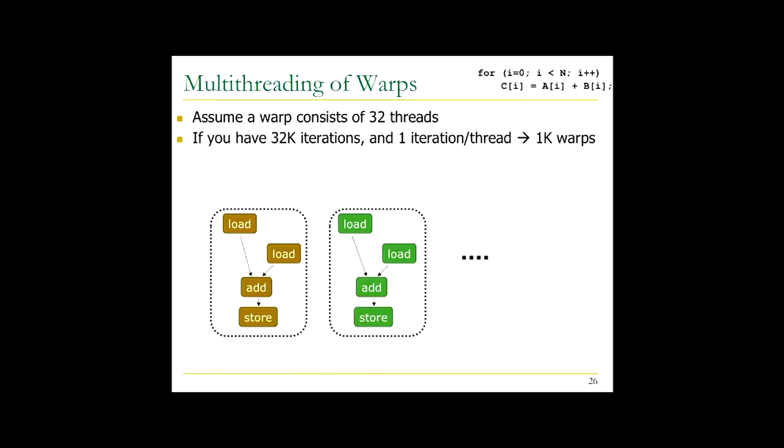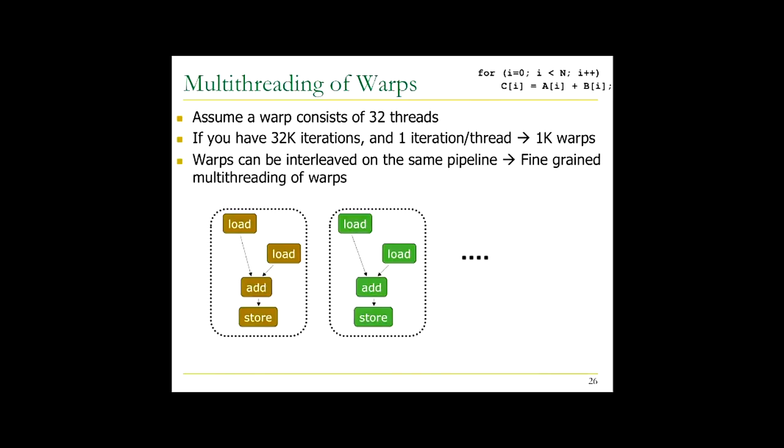So if you have 32,000 iterations and you want to partition your program such that you execute one iteration per thread, you really have 1,000 warps in the end. And assume that those 1,000 warps can be in the machine at the same time. And these warps can be interleaved on the same pipeline. This is, remember, fine-grained multi-threading. Let's finish this because we want to get to a good point over here. But basically, you can interleave these warps on the same pipeline. You can do fine-grained multi-threading of warps.